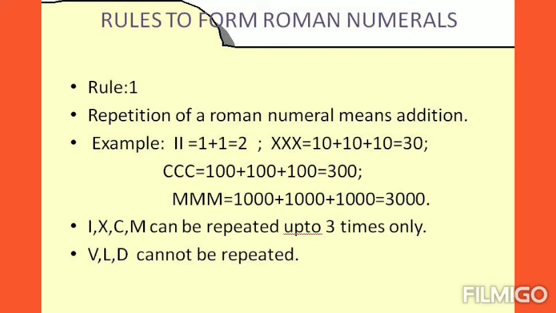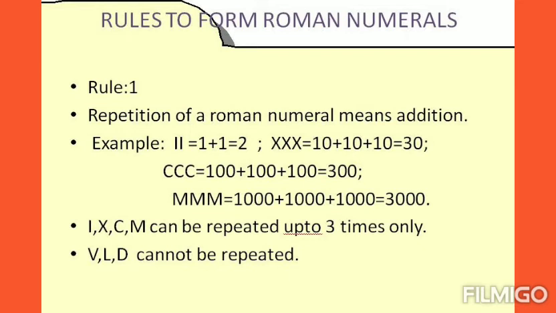Children, there are some rules to form a Roman numerals. Here the rule number 1 is repetition of a Roman numeral means addition. That is, if we repeat any Roman numeral, we should add their value. For example, here I have repeated the letter I 2 times. The value of I is 1. So, 1 plus 1 is 2.